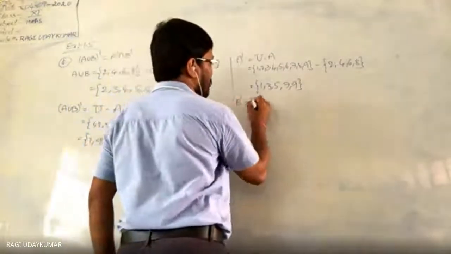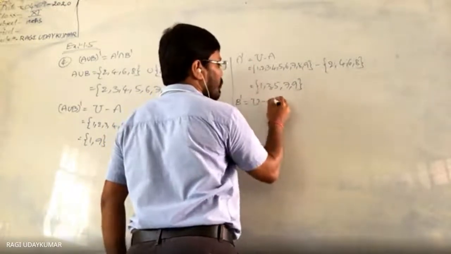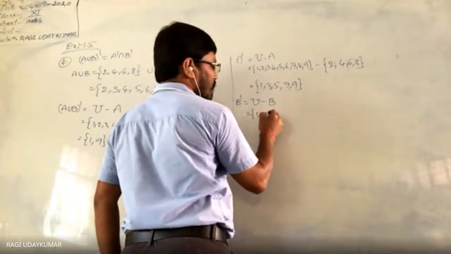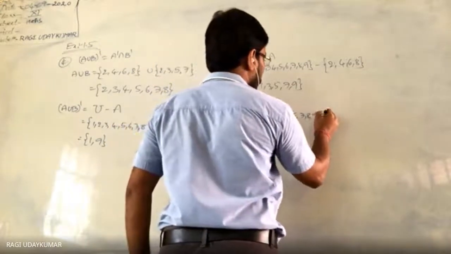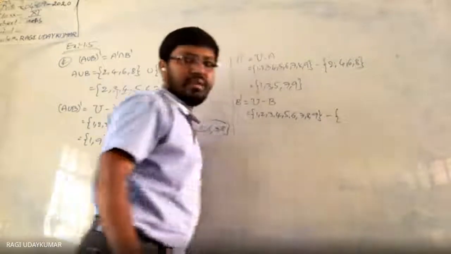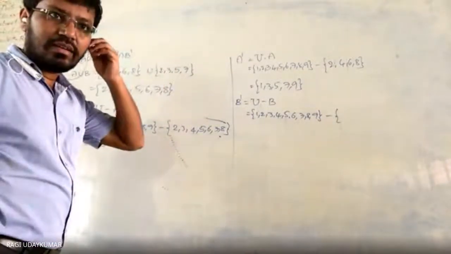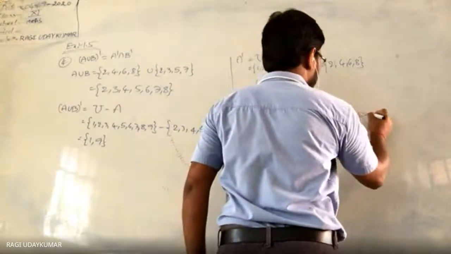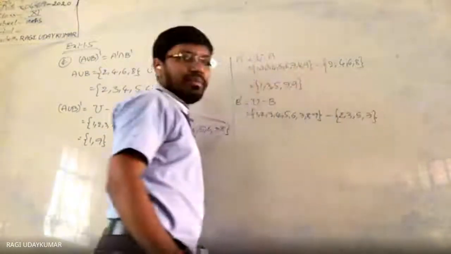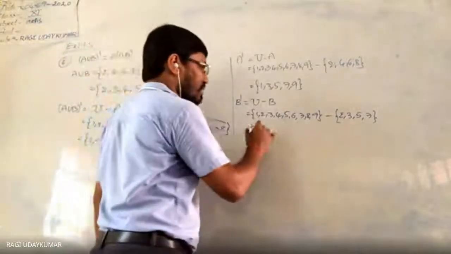And next, find B complement. B complement is nothing but U, the universal set, minus B. So 1, 2, 3, 4, 5, 6, 7, 8, 9 minus B. B is 2, 3, 5, 7. These are actually the prime numbers.